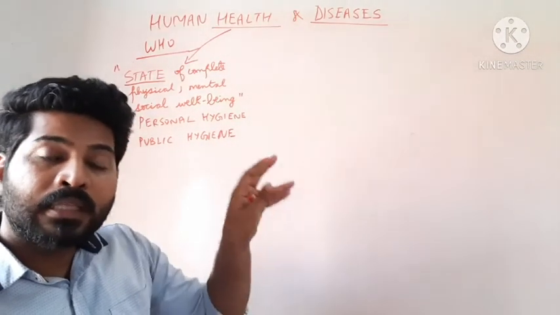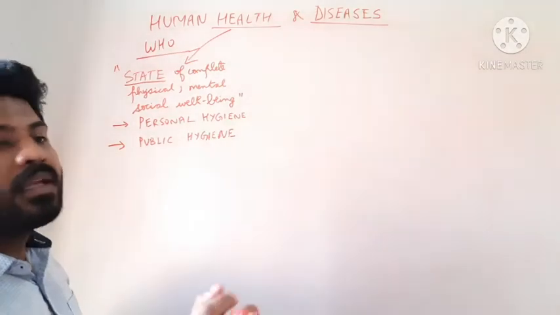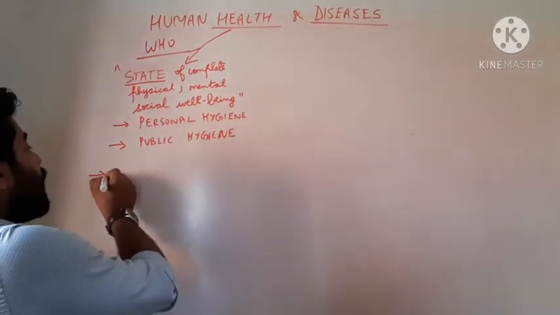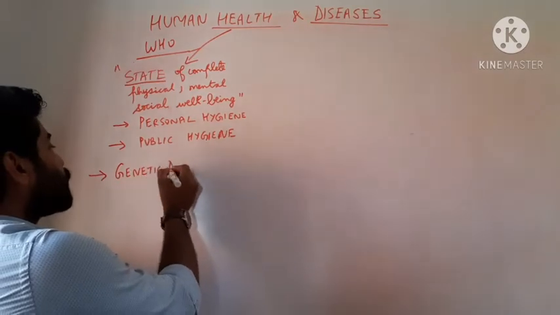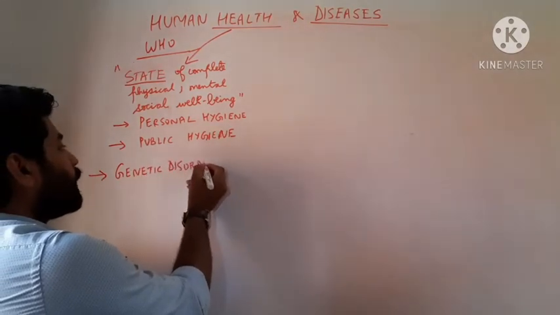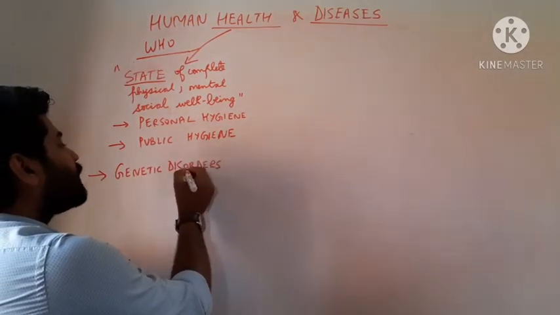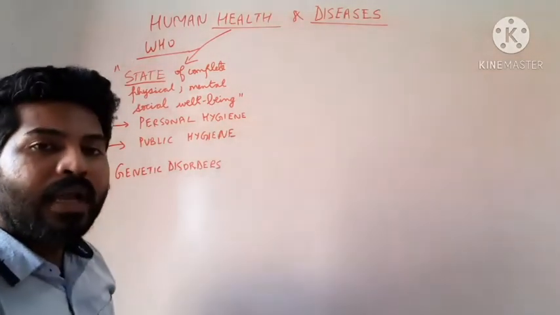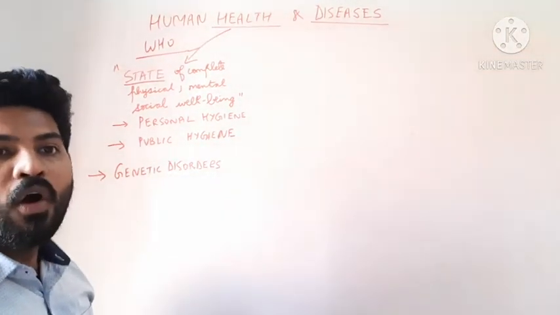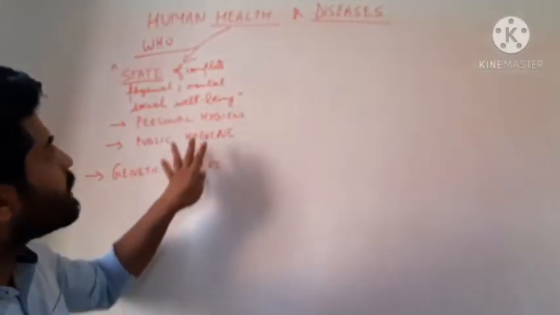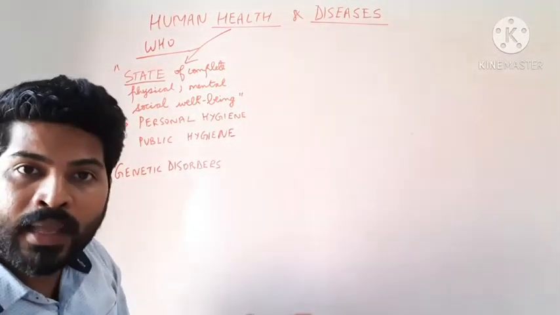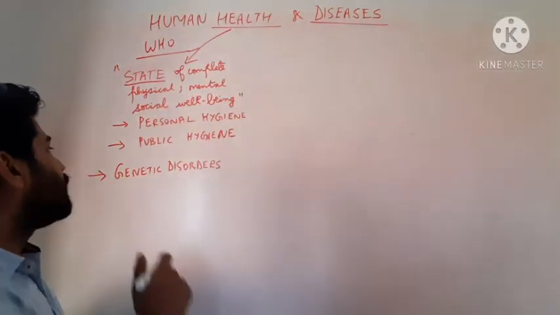But health is also affected by other factors such as genetic disorders or defects. So if by birth itself they have some kind of genetic disorder or defect, then it results in them being not healthy. So health is affected by this.